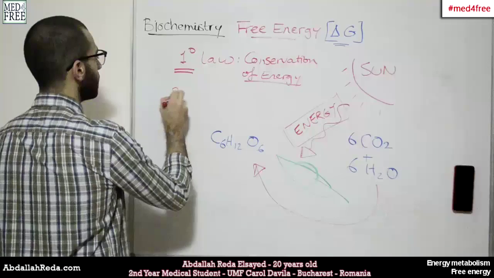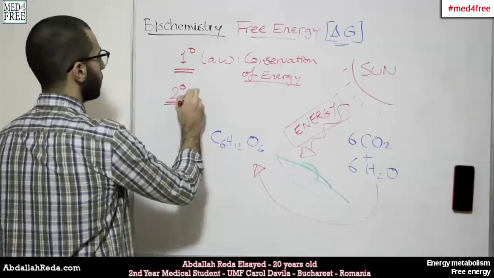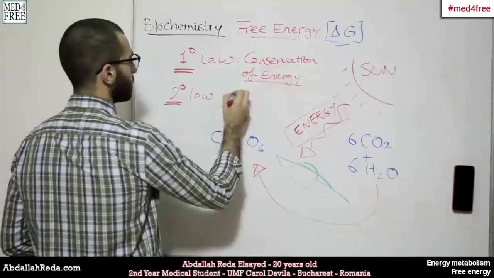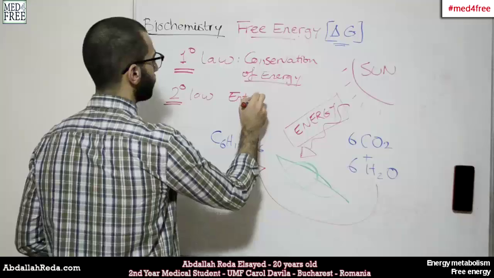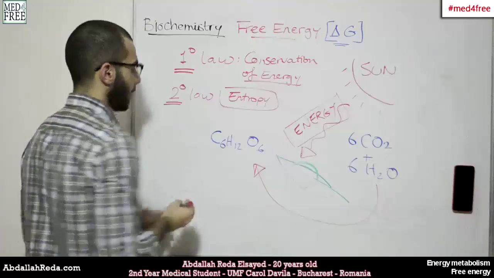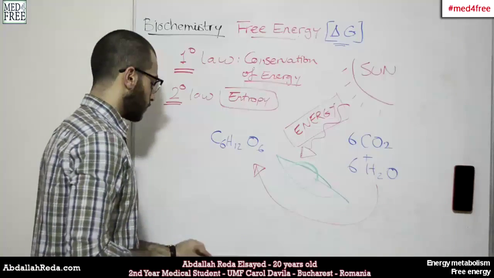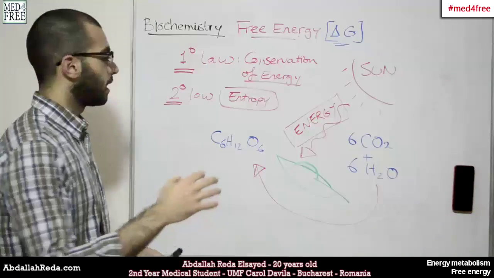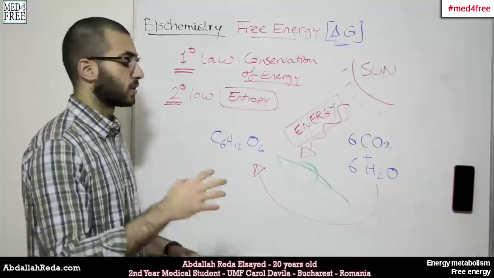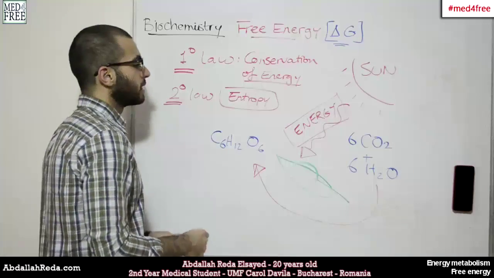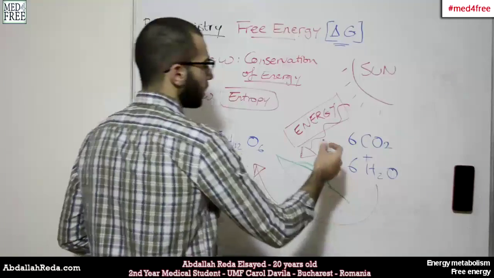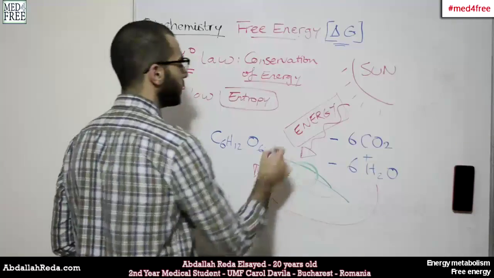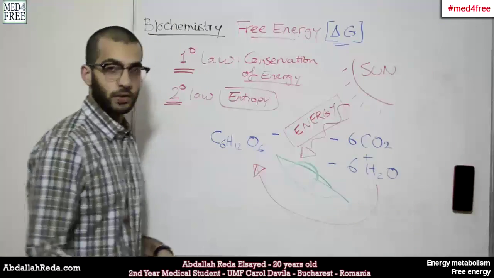So this is the first point. The second law of thermodynamics deals with something called entropy. Now, what is entropy? Entropy is a measurement of the rate of disorder in a system. What does that mean? It means that here we have inputs, and one of these inputs is energy.